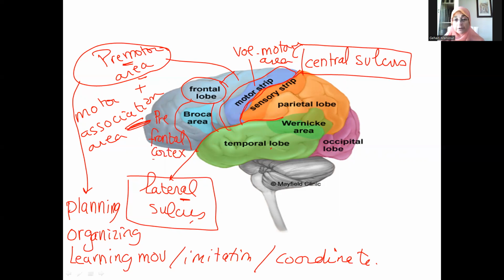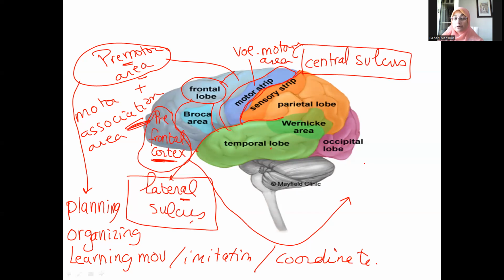And we say cortex because the gray matter is the most highly specialized part of the brain. The prefrontal cortex is responsible, as we said before, for logical thinking, for solving problems, for making decisions, and it's also responsible for the behavior and the personality of the human being. And it's also responsible for the memory of habits.